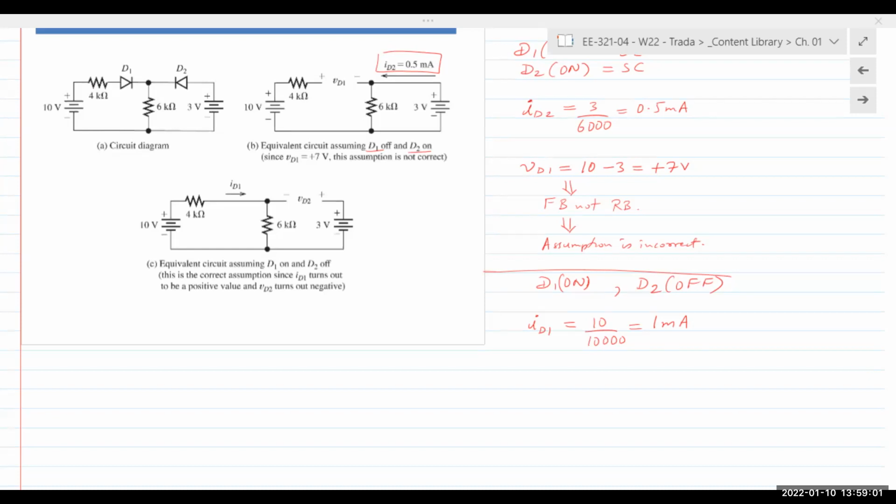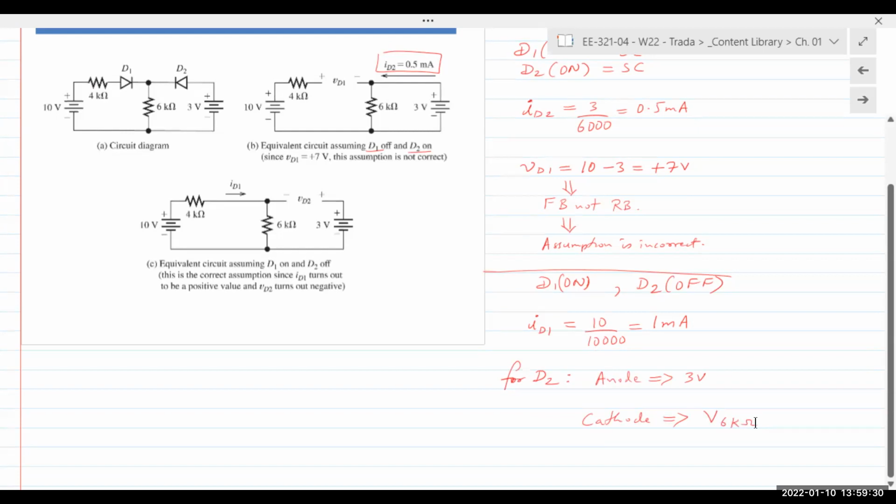So let's see. So for D2, anode is at 3 volts. Cathode voltage is the same as the 6 kilo ohm resistor, right?